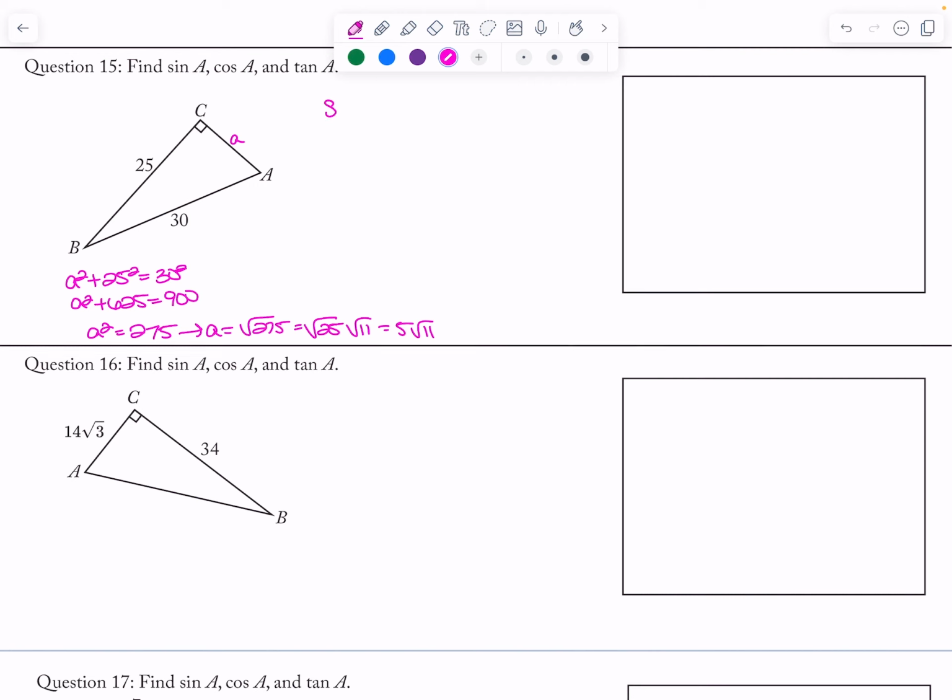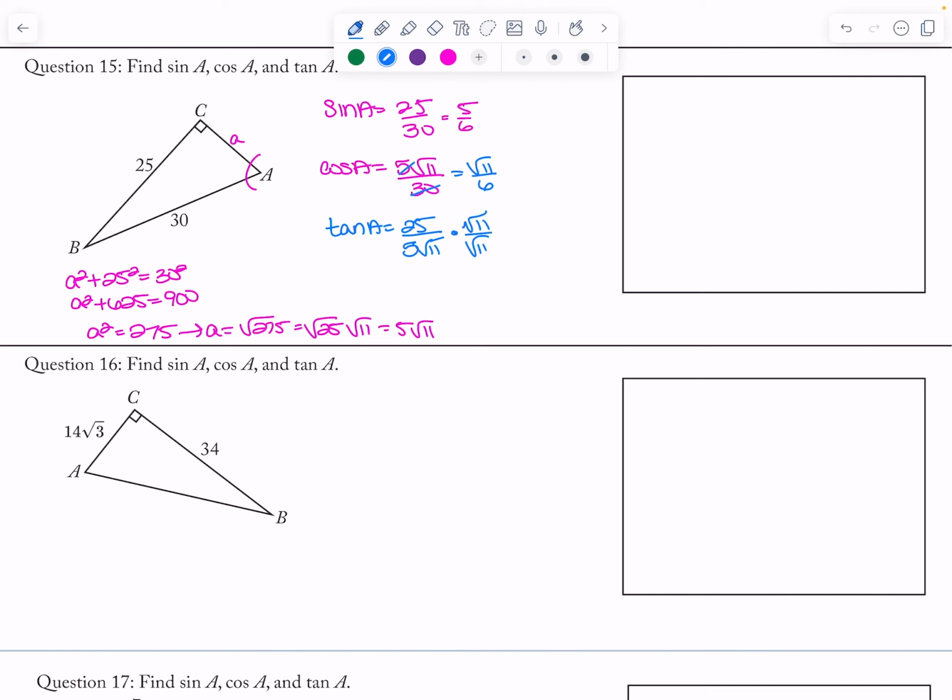So now when I do sine, it's pretty straightforward. It is 25 over 30, because here's a here, which is the same thing as 5 over 6. Cosine of a is still pretty easy, 5 root 11 over 30, so that reduces to root 11 over 6. But tangent of a is a little bit more difficult because it'll be my opposite side, which is 25 over 5 root 11, which requires more effort because I have a square root in the denominator.